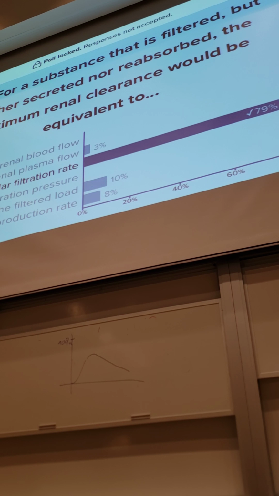In a day some person makes 2 liters of urine per day. The GFR is 180 liters per day, very different values, right?